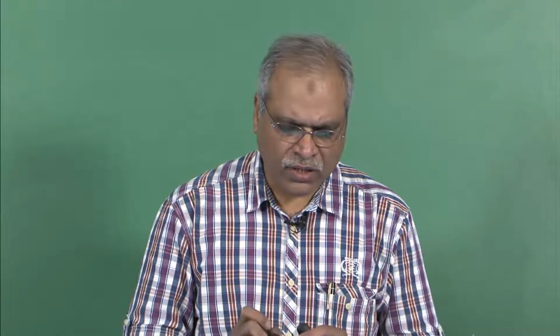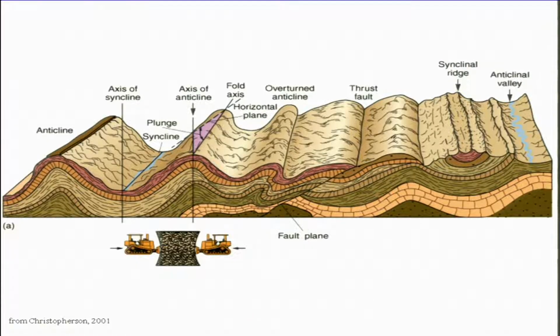If you look at this in the broader picture, there is the base, and there are two tractors or bulldozers deforming the material, and as a result what we see is complete folding.